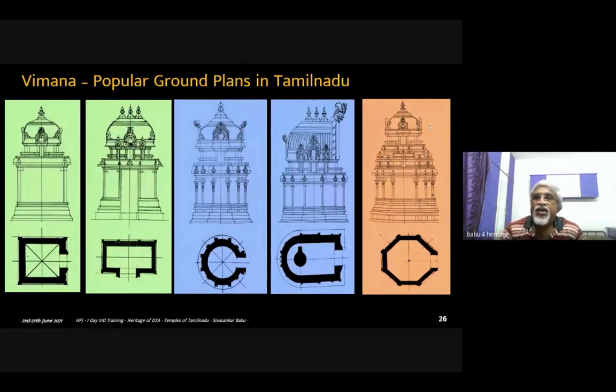Also, the Vimana in the northern structure is the superstructure, whereas in the south, in the Dravida style, when I talk about the Vimana, the entire section from bottom to top is represented as the Vimana. That's why in today's session, the focus is on the Vimana, on the understructure, from the bottom up to this roof.